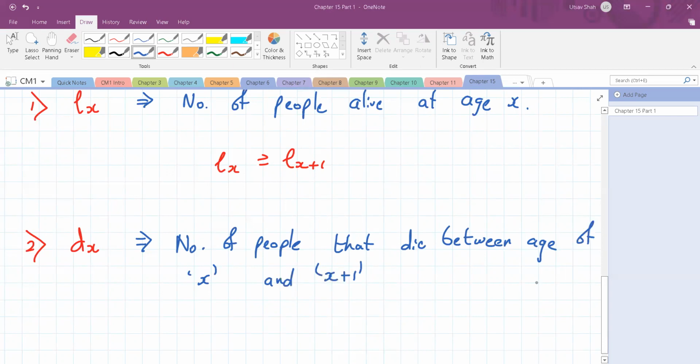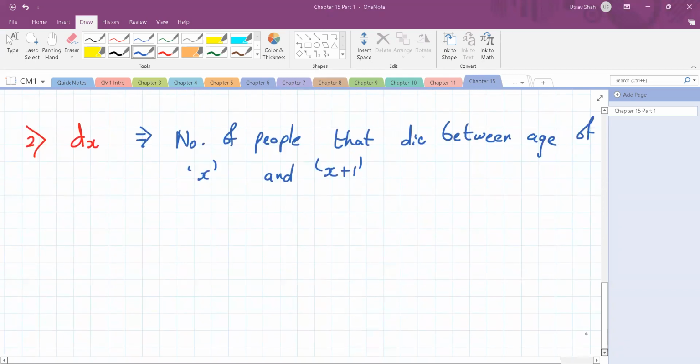If I give you d60 equals 1000, it means the people who died between the age of 60 and 61 are 1,000. That is, they touched 60, but they did not touch the age of 61.